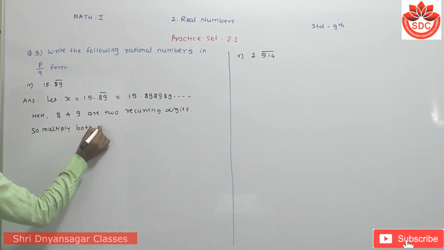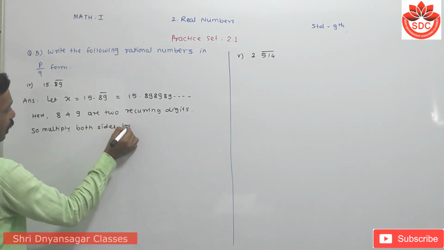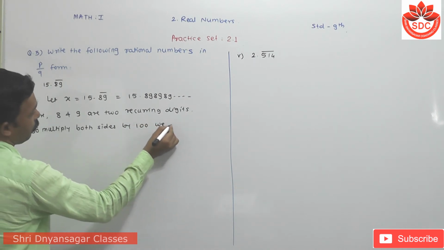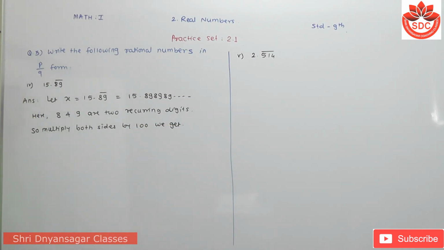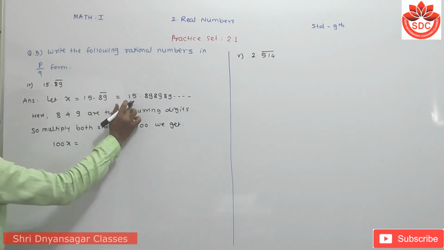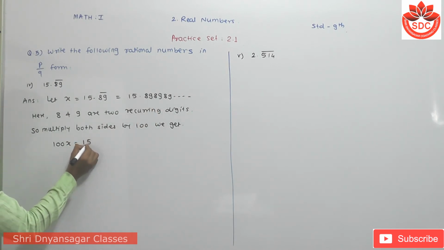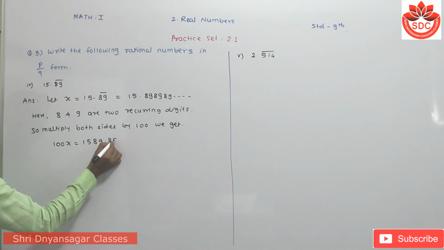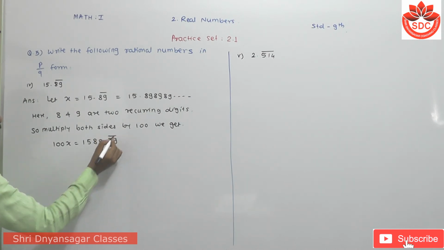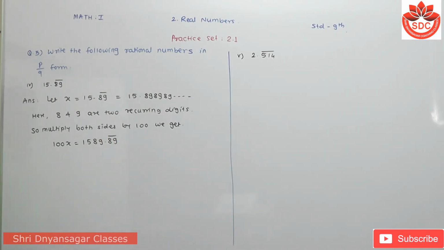So multiply both sides by 100, we get 1589.898989, which means 89 is recurring.